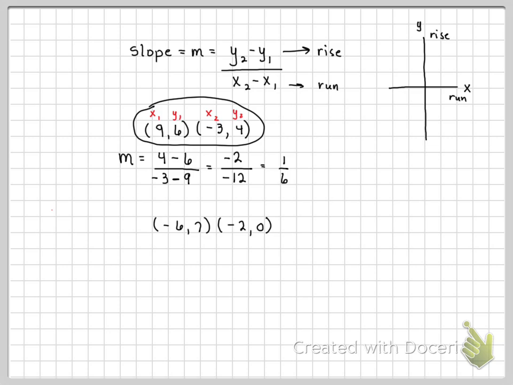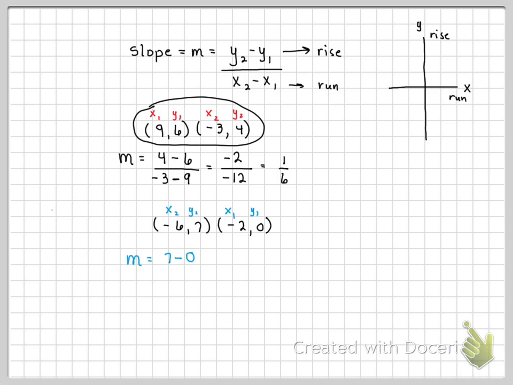Now we're going to do the same thing with the coordinates on the bottom. This time, let's just call that x2, y2, and this then would be x1, y1. Again, it doesn't matter. So y2 is 7, y1 is 0.